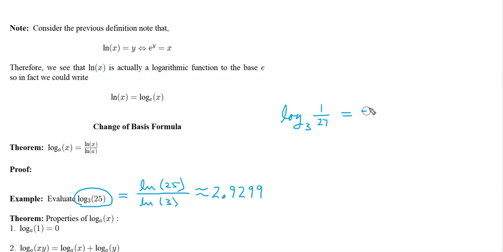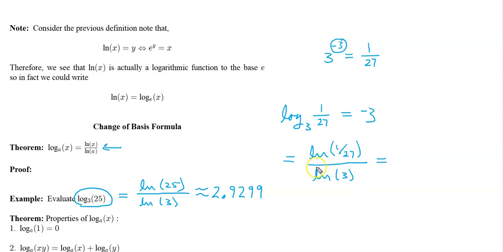This quantity was -3, and that's because 3 to the -3 gives us back 1 over 27. So if we use this formula right here, let's just verify that we do get back -3. So this quantity using this formula should equal, and sure enough, if you evaluate this on your calculator, you will get -3.